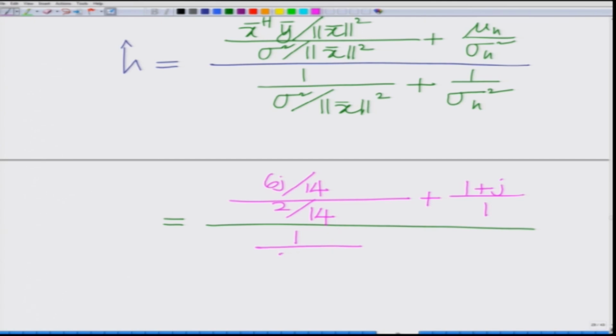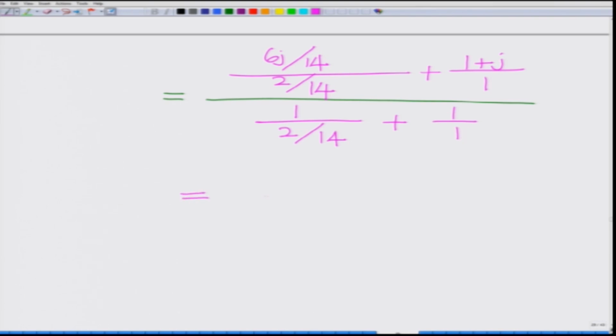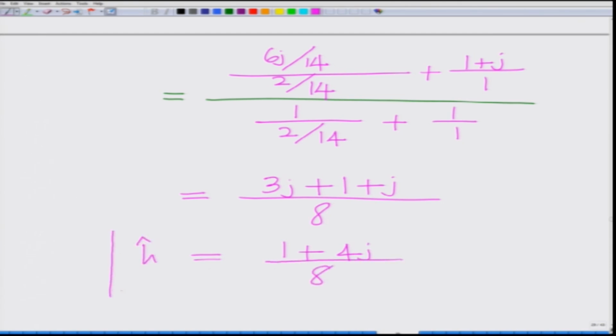This equals 3j plus 1 plus j divided by 8, which equals 1 plus 4j divided by 8.